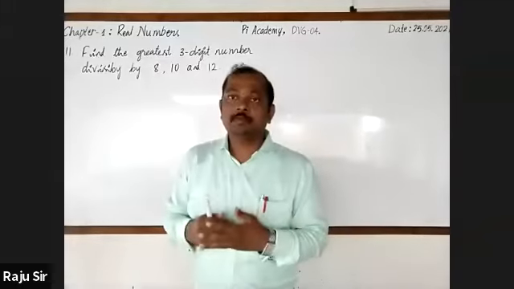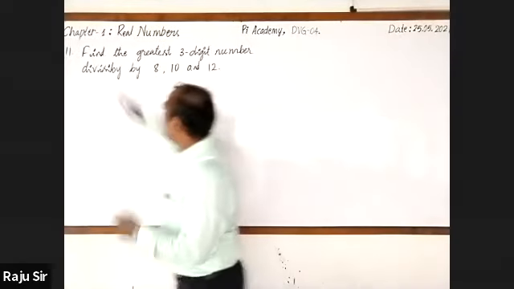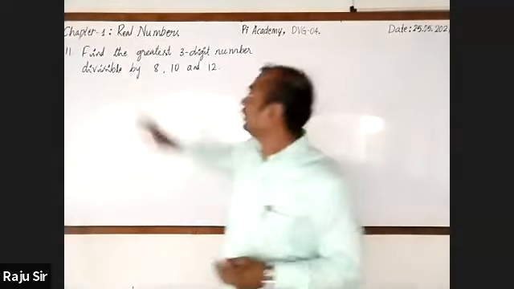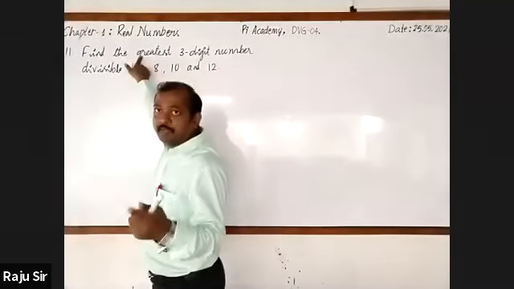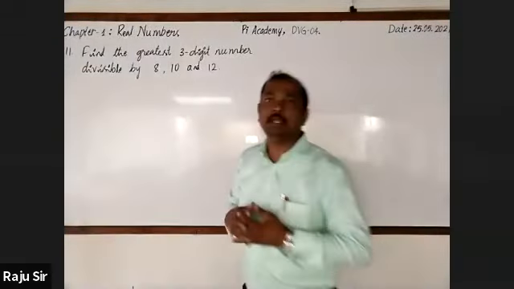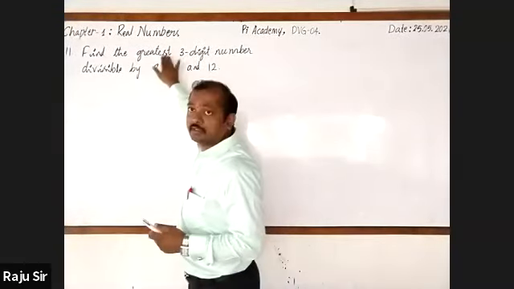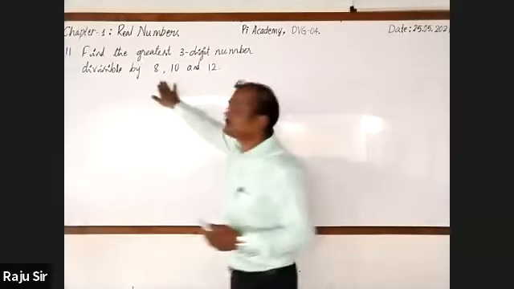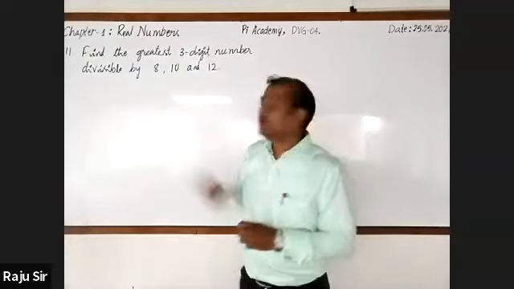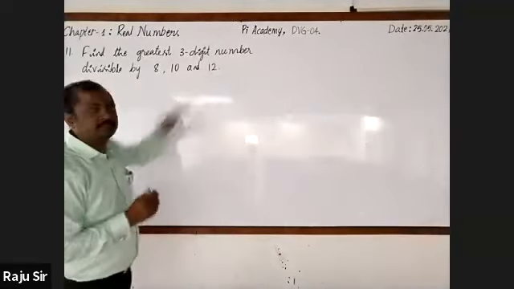The greatest number which is divisible by 3 numbers is to be found, so that number will be the dividend, and 8, 10, 12 will be the divisors, which means that the greatest number will be a multiple of these 3 numbers. Hence, it belongs to LCM. Got it? Now, let us go for finding the LCM of these 3 numbers.